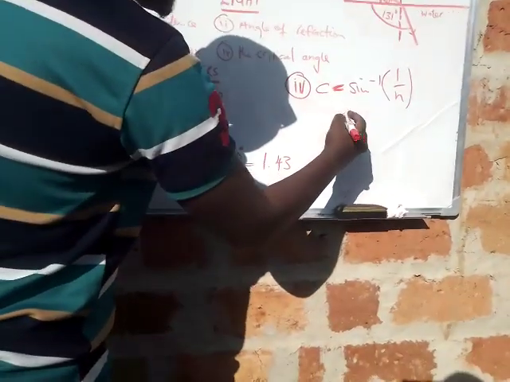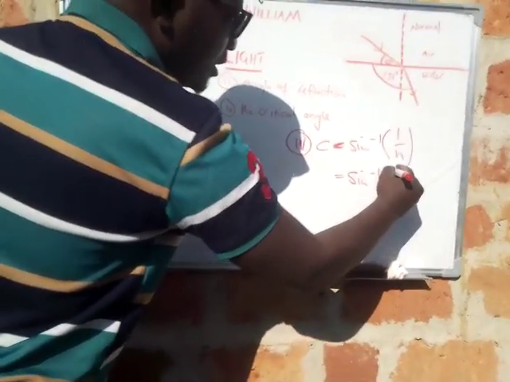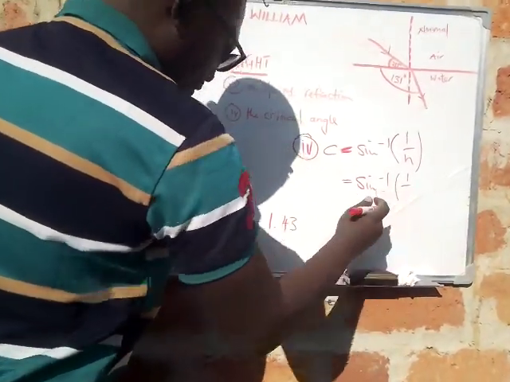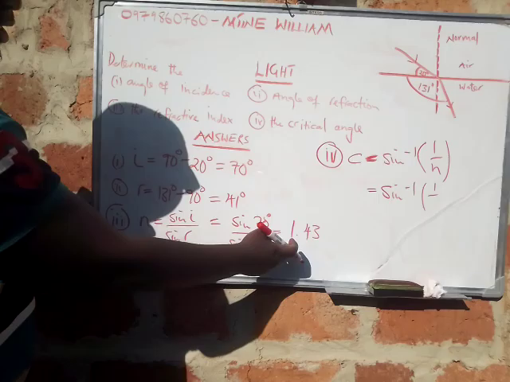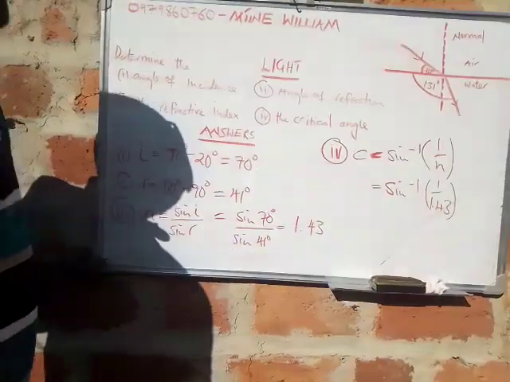So now we substitute: sine inverse of 1 over, and our refractive index is 1.43.